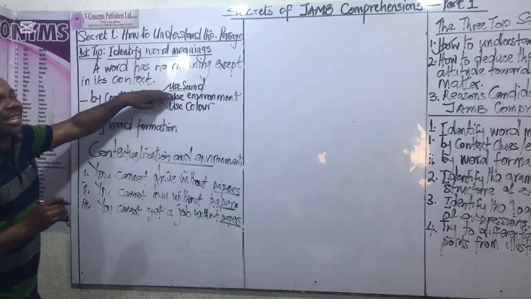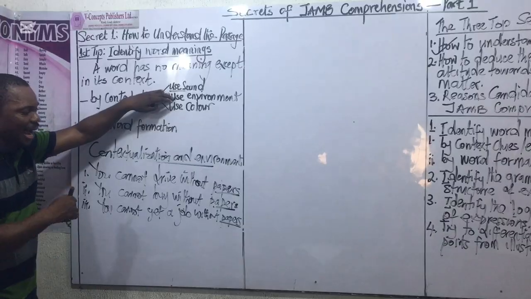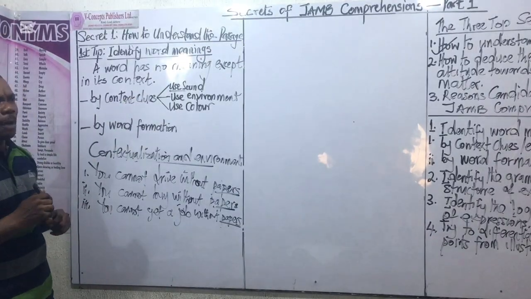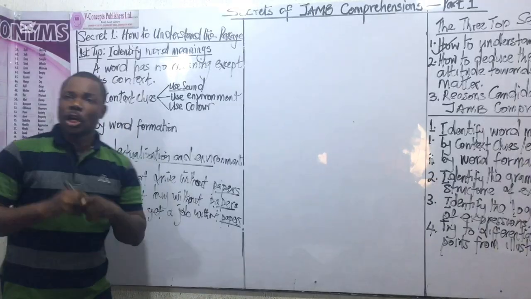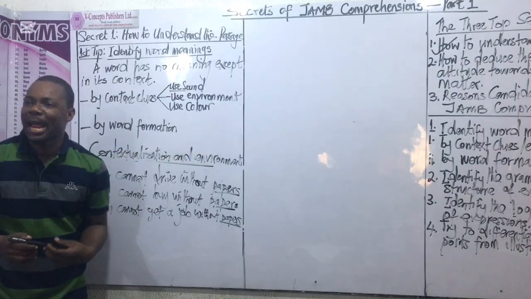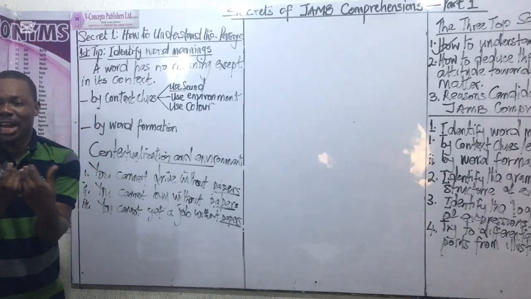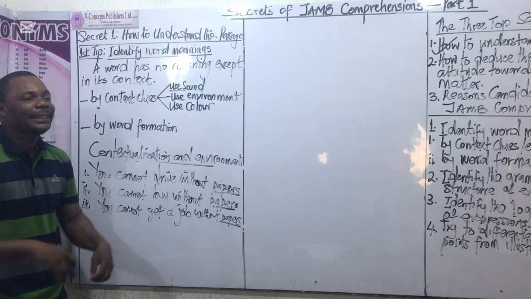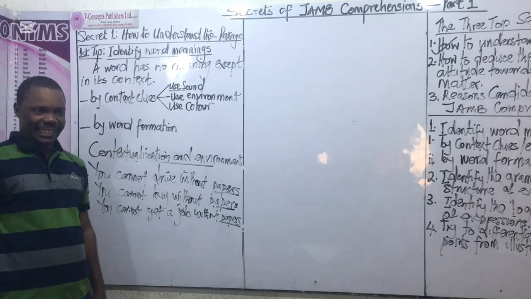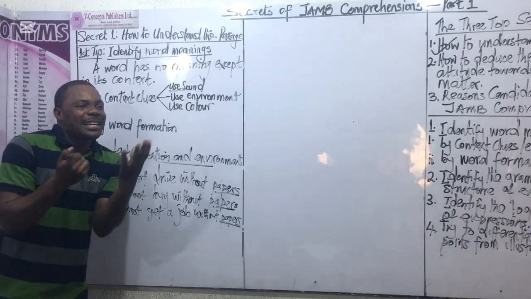Now let's go beyond that. You can use the sound of a word to understand the meaning of that word in an expression. For example, if I give an expression, I say, the buzz of bees. That is a figure of speech where sound suggests meaning. So buzz would mean the noise that bees make. The clamoring of the crowd.